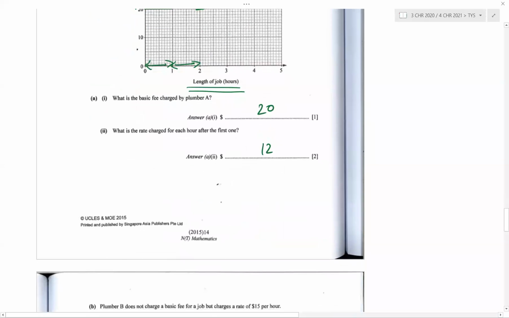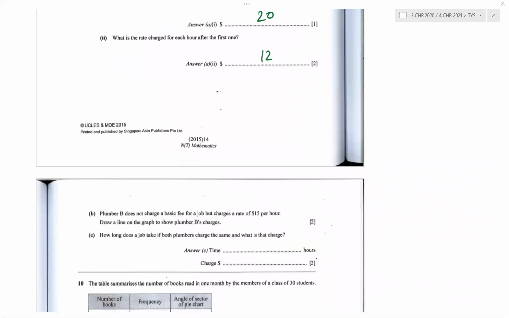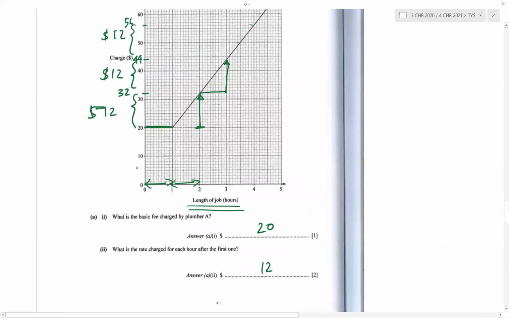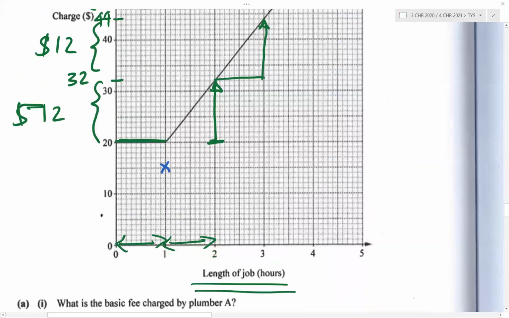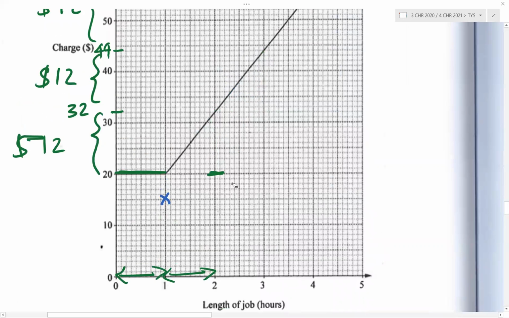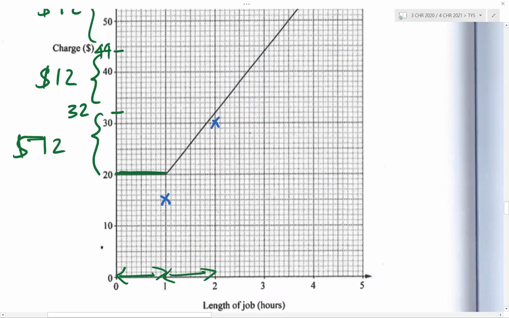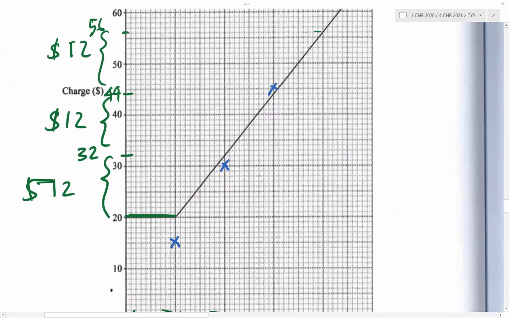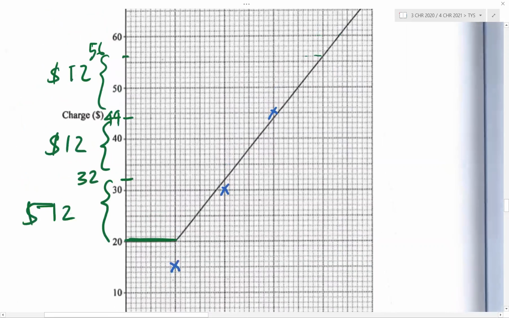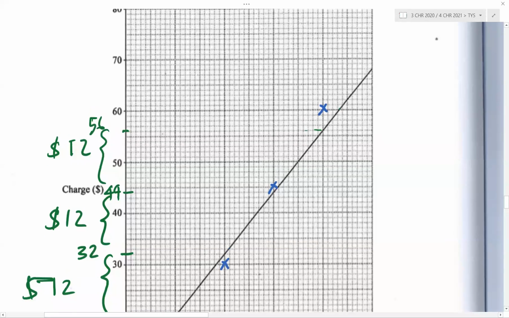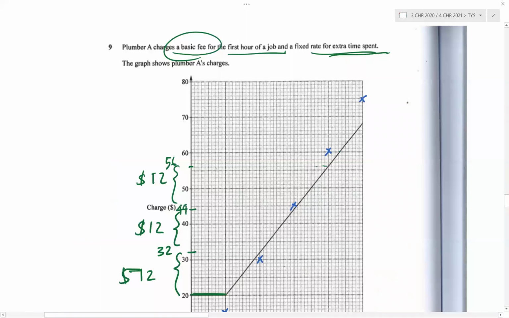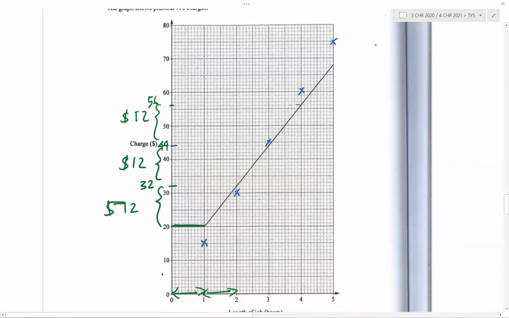Draw a graph to show plumber B's charges. Okay, so let's draw. Plumber B, after 1 hour, he's going to charge you $15. So one cross over here. Plumber B, after another hour, he is going to charge you another $15. So that's $30. After another 1 hour, $45. After another 1 hour, $60. After another 1 hour, $75. Okay, can you see all the blue crosses? They line up very nicely in one straight line.